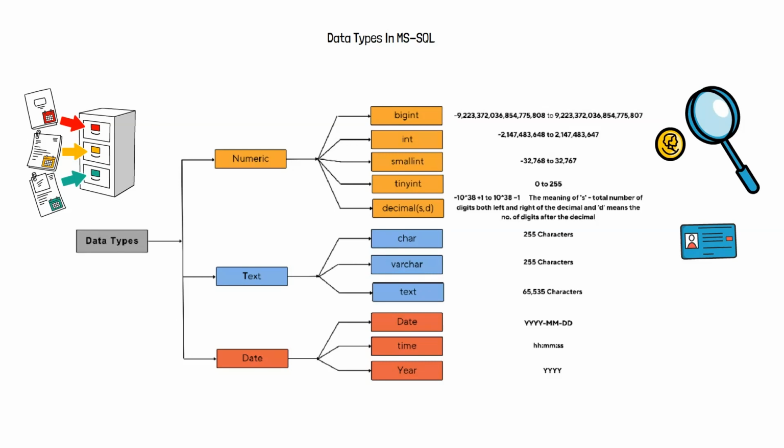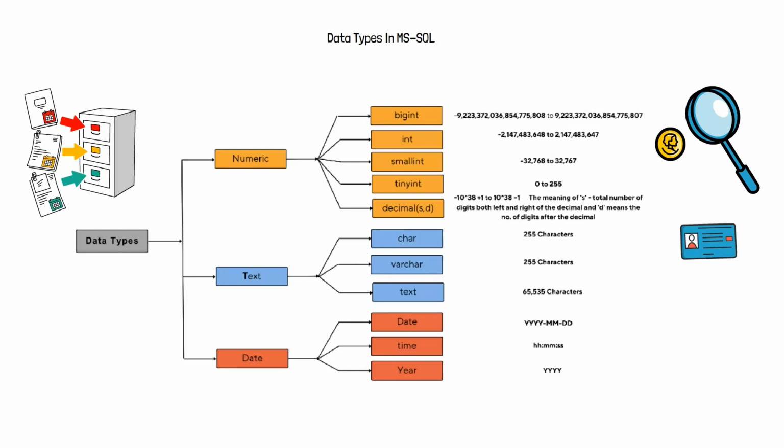The numerical data type has different types inside it. First one is bigint. It has a really long range of values, ranging from -9223372036854775808 to plus the same value.